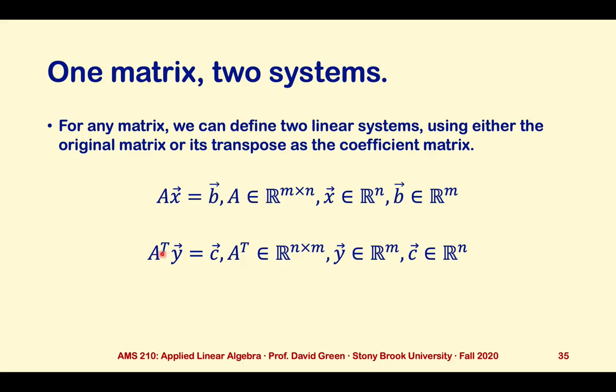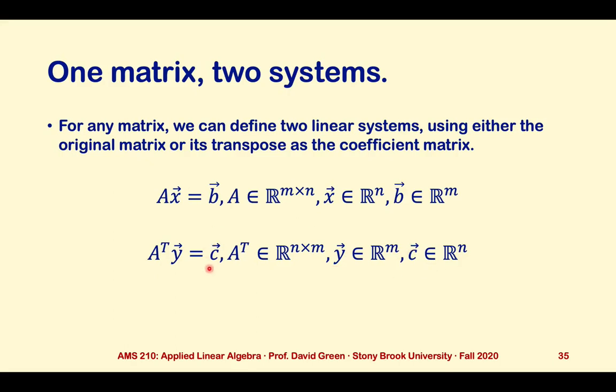Right? This is the standard system that we've seen repeatedly. But we could also define a system A transpose Y equals C, where A transpose has, of course, n rows and m columns. Y here will be an element of Rm. I use a different notation here to highlight that these X and Y live in different parent spaces.